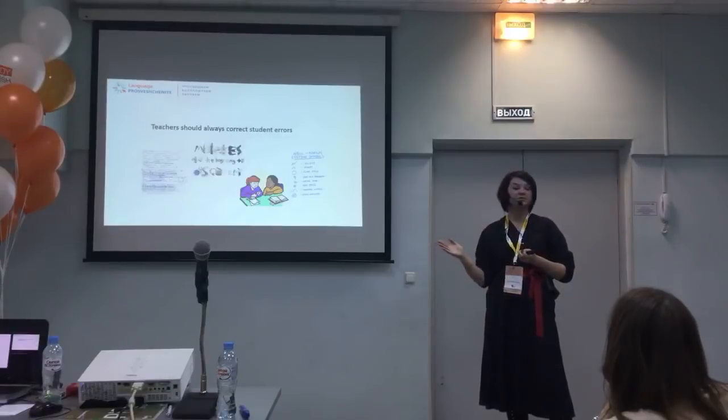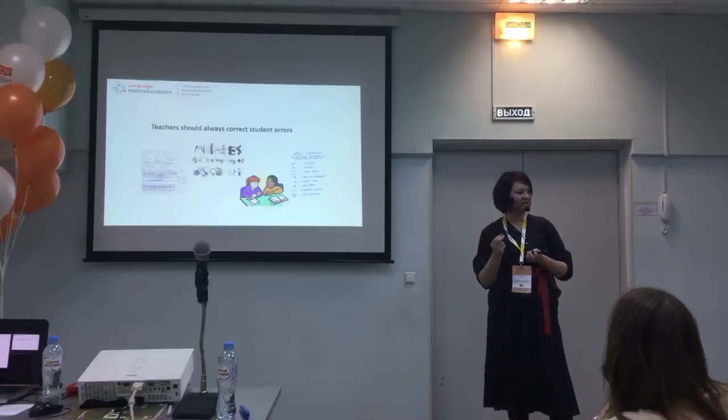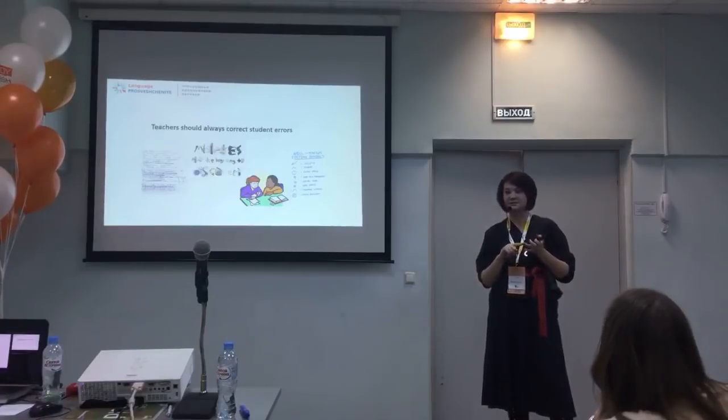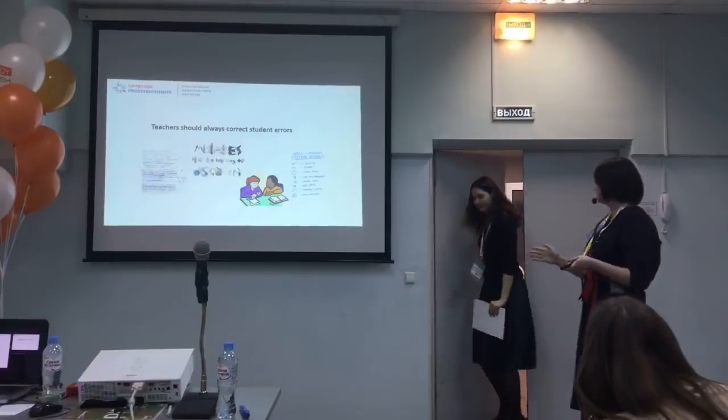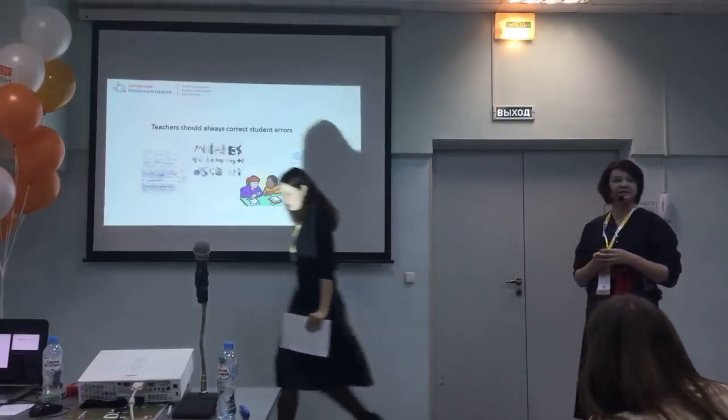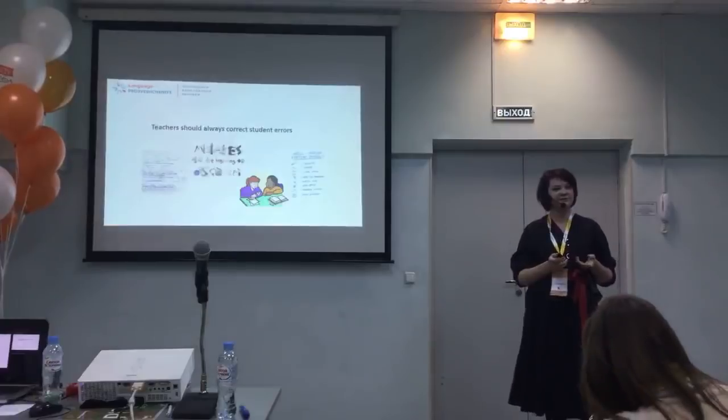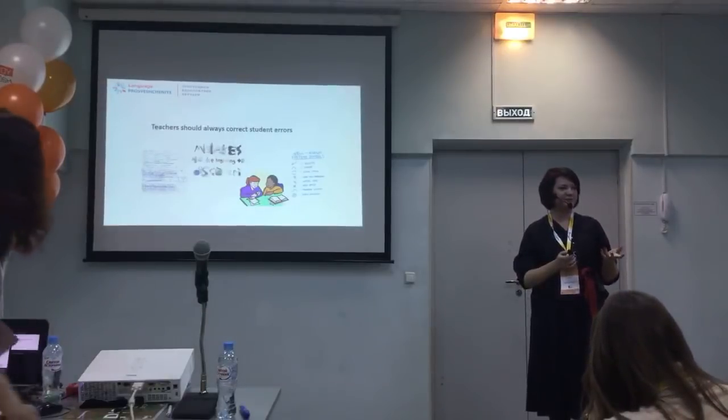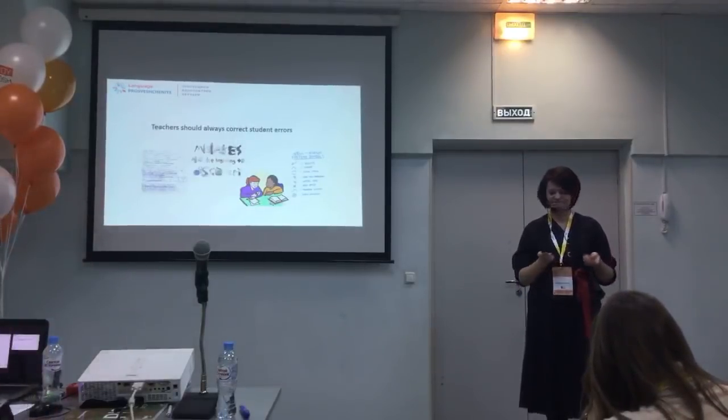So instead, a good solution here can be to praise any effort of the student to speak, to use more complicated grammar, even if he or she has made a mistake. If we praise an effort, we won't be afraid to speak and to make mistakes.